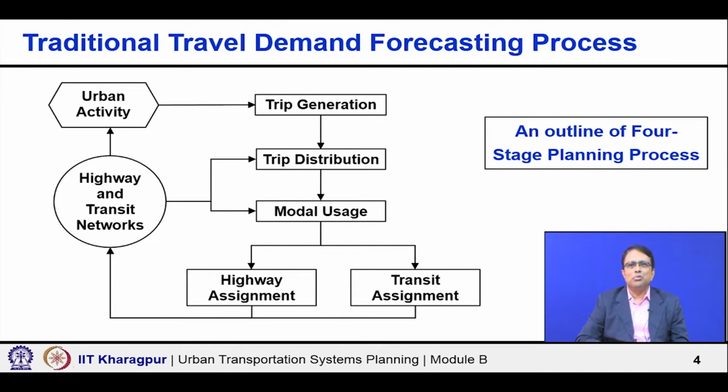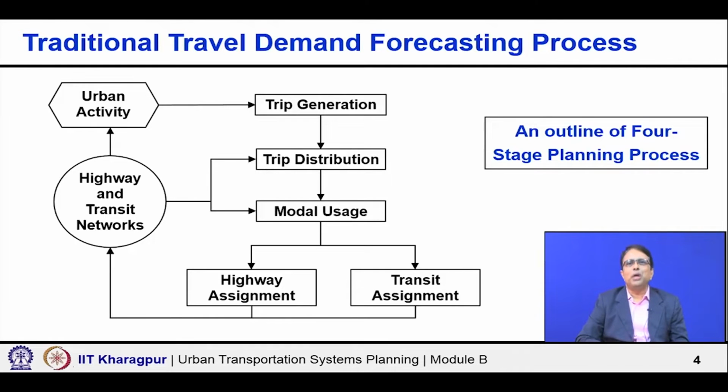So, whatever assumptions on travel time and network characteristics we assumed, we need to recheck. Maybe we assumed that to travel between 2 points it will take 15 minutes, but after the loading of the network, does it really take 15 minutes? It may take even 20 or 25 minutes, it may take a little bit less as well, right.